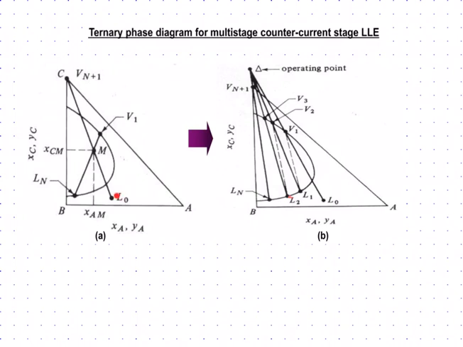Okay, and then I've informed you how to draw this particular line. So you need to have a straight line connect between the feed and the solvent, and then you should have raffinate connect with your extract. So the intersection point that you get between these particular two lines will give you the coordinates for M. M is very important here, okay, because you might need some information.